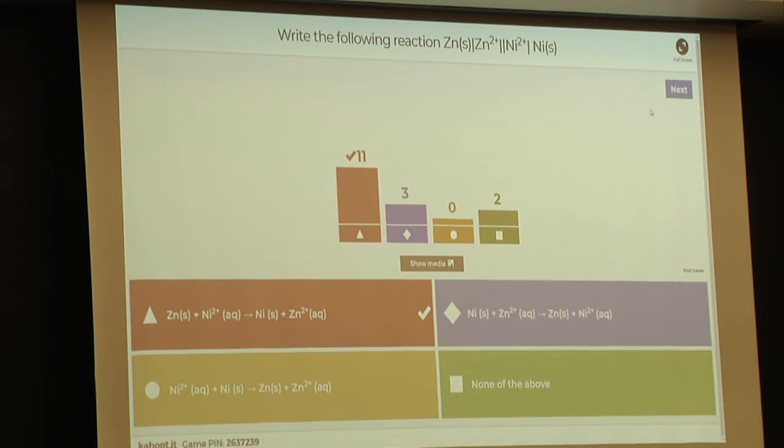So the electrochemical cell notation always goes anode and then the ion, and then the two lines are always the salt bridge, and then another ion, and then the cathode. Only ions flow through the salt bridge, so that's why the ions go right next to the two lines. Oxidation occurs at the anode, so we're looking for which one will show that zinc is losing the electrons and not gaining the electrons. So if I'm going from zinc solid to zinc 2+, it's losing 2 electrons. So the triangle answer would be the one that's written correctly.